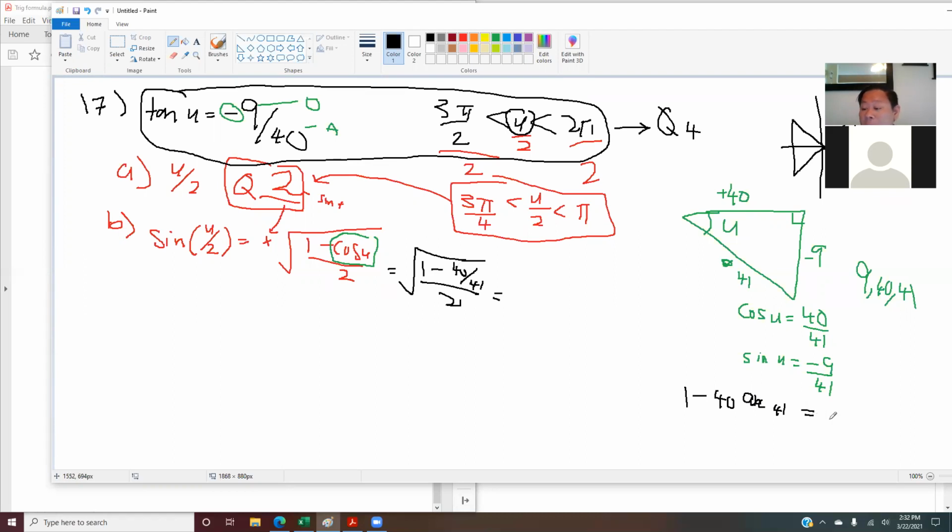Press the equal sign, and then divide this by 2 because you have a division by 2. What do you get when you do this? 1 over 82. Let me check: 1 minus 40 ABC 41, and then divide by 2. Yep, you're correct. So Anika, if you see something like this, you just use your calculator.